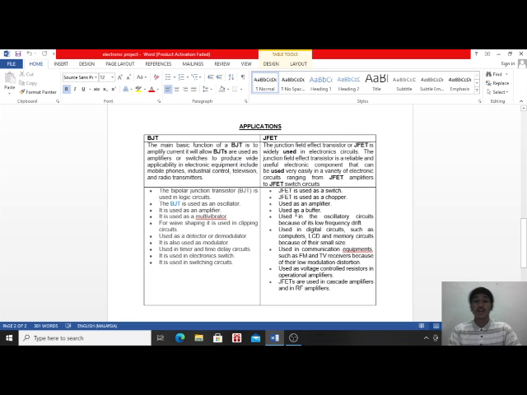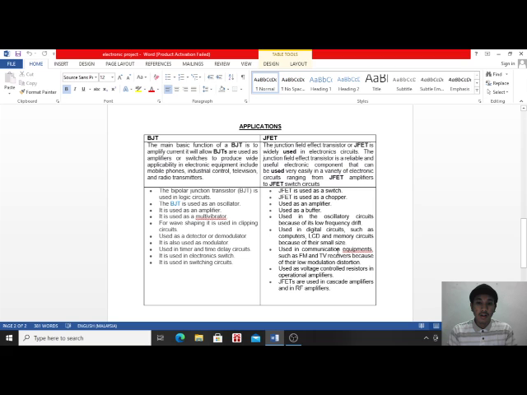For the JFETs, JFET is used as a switch, as a chopper, as an amplifier, as a buffer. Also, JFET is used in oscillatory circuits because of its low frequency drift. It is used in digital circuits such as computers, LCD, and memory circuits because of their small size.